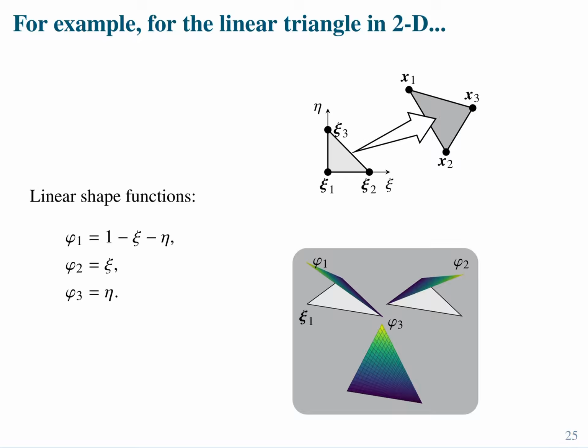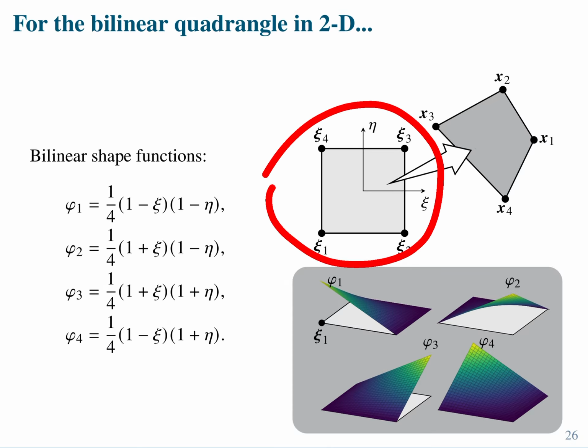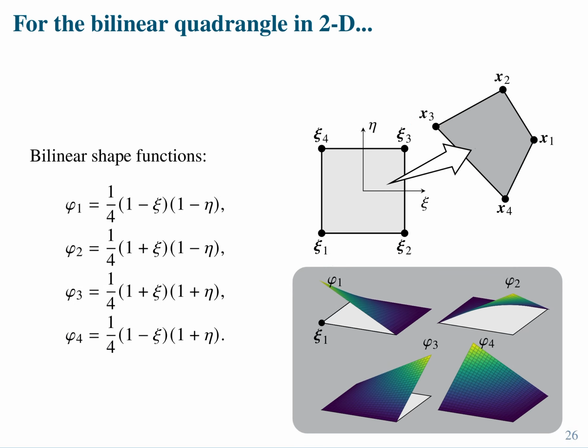So what I'm showing here is essentially the linear shape functions for a triangle, right? The triangle lives in this canonical element or master coordinate space, and then that is mapped to the actual triangle in physical space through the same shape functions that are used to map the field, right? So this would be the linear shape functions for a triangle, and this would be the bilinear functions for a quadrangular element, right? Again, the quadrangular element lives in some parametric space, always there because we have integration rules defined on that space, right?